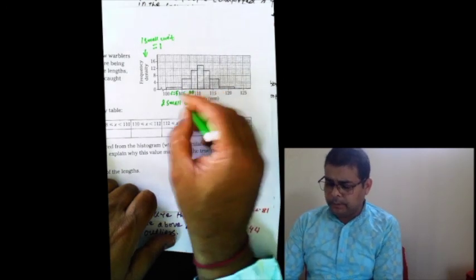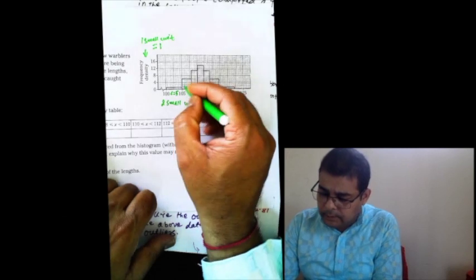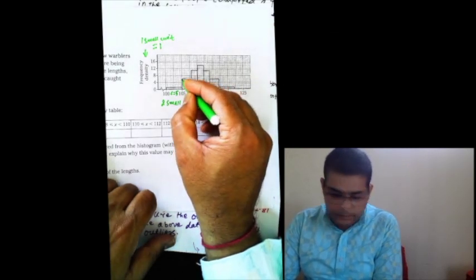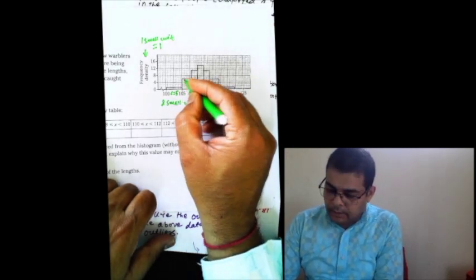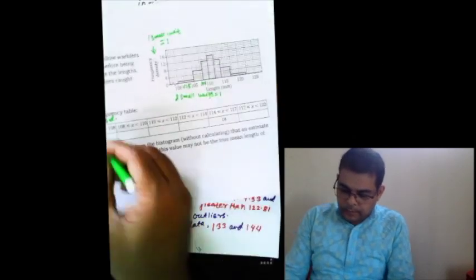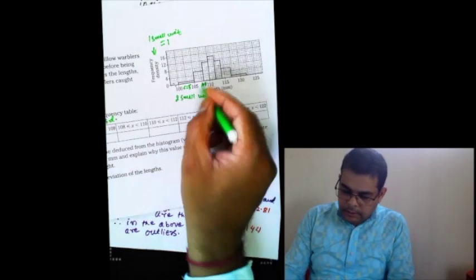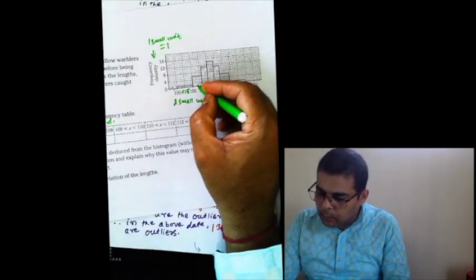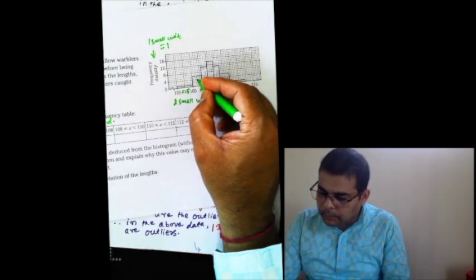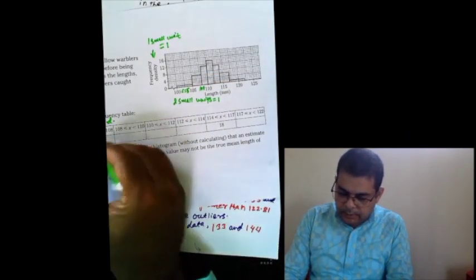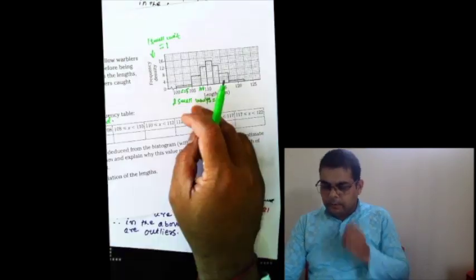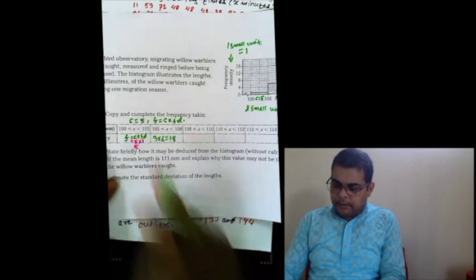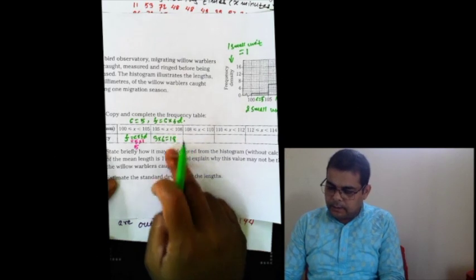So area of this bar: the height you can see here is up to 5, 6. So width is 3 and height is 6, and 6 times 3 is 18. So frequency for the class interval 105 to 108 is 18.